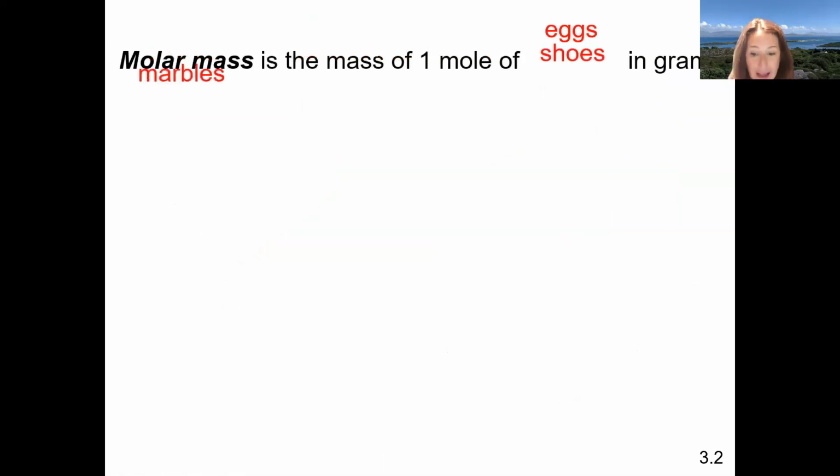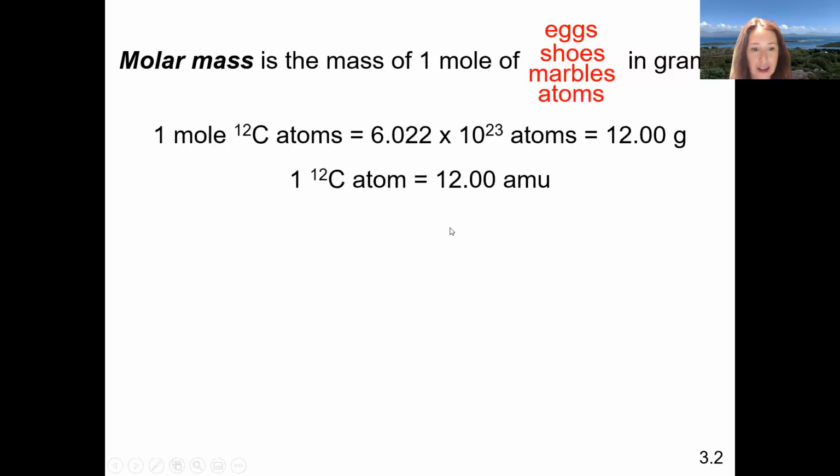Now, the molar mass is the mass of 1 mole of anything in grams. Sometimes this can be kind of tricky, and we'll keep developing this one. So how many things are in a mole? 6.02 times 10 to the 23rd. The molar mass is how much those things weigh.